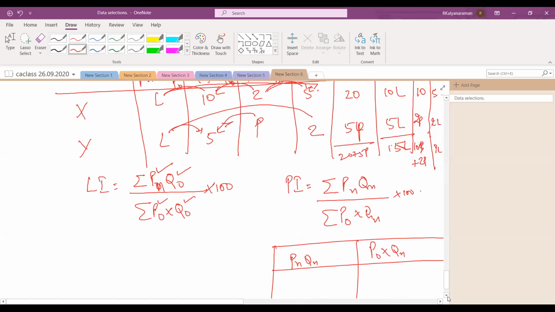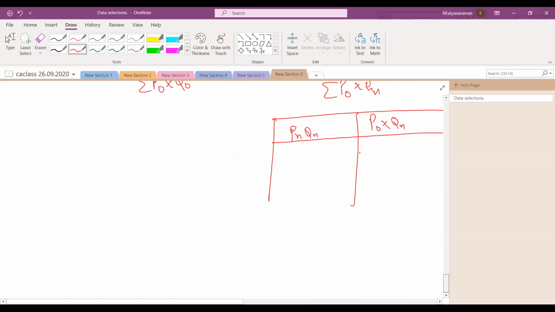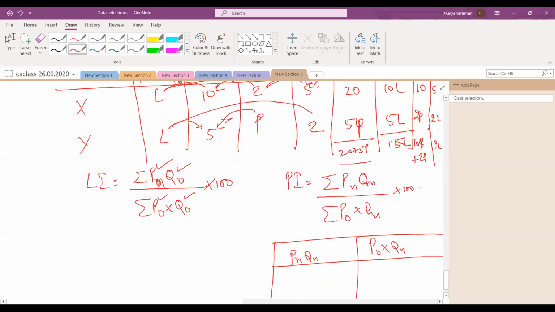Now ratio is 28:27. So what is the first concept? You have 20 plus 5P by 15L, 20 plus 5P by 15L, divided by the ratio. So this 100 and this 100 will go by 10 plus 2P by 7L. This is equal to 28/27.